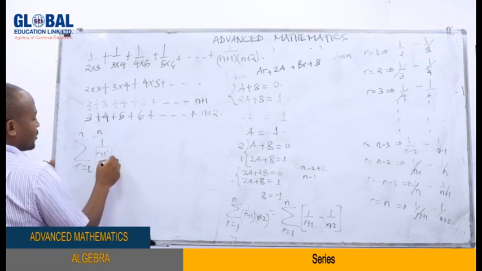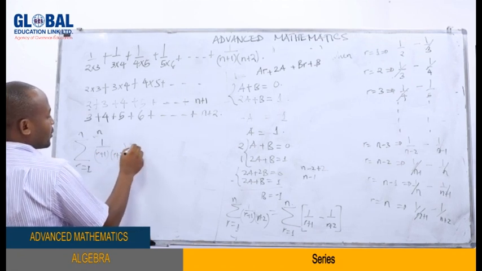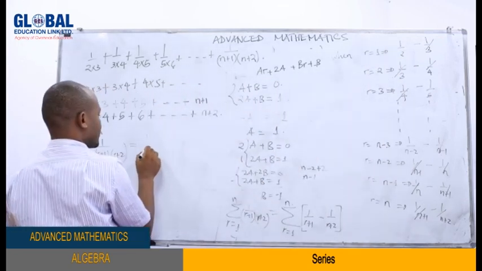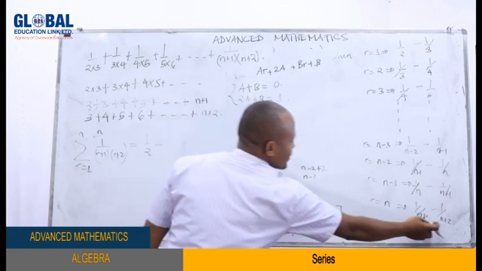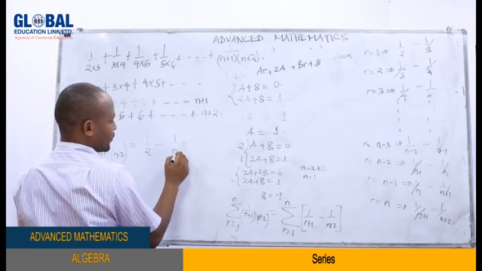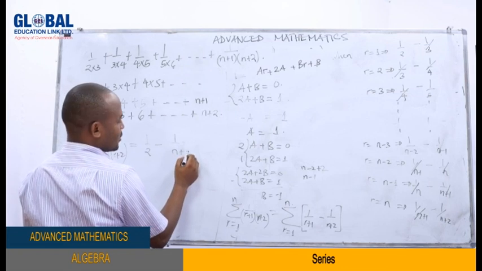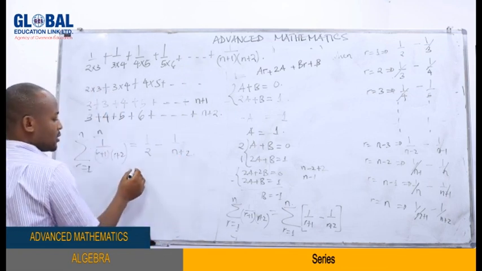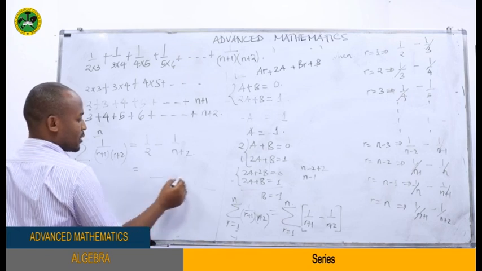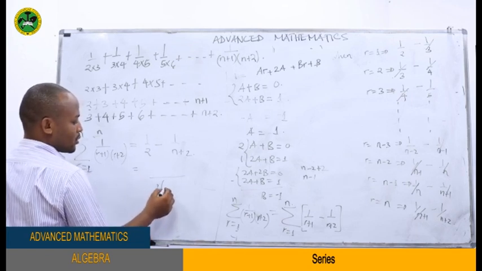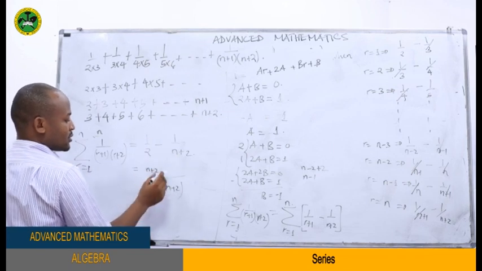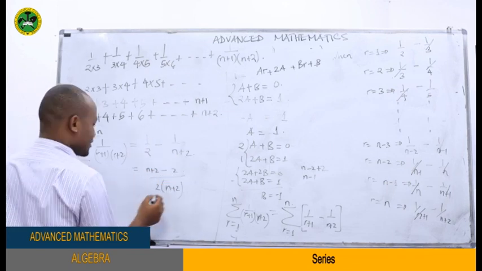R plus 1 equals to what? We'll be left with a half minus 1 over n plus 2. And simplifying that, adding those, we are going to have n plus 2 minus 2.